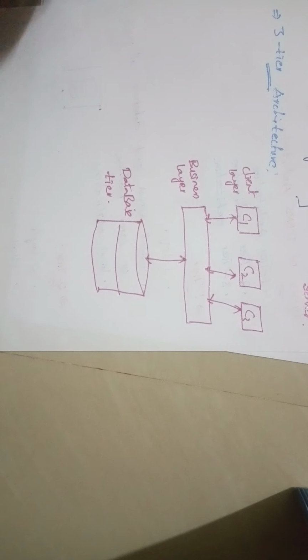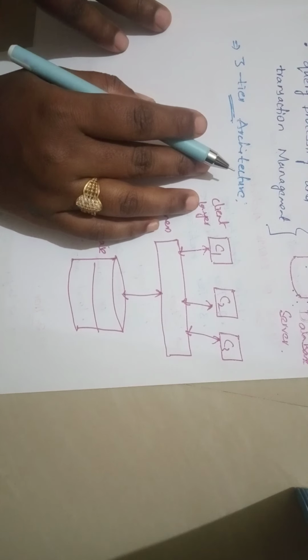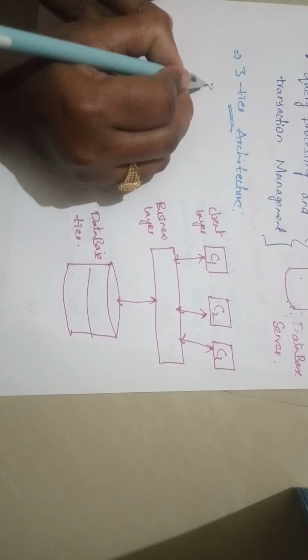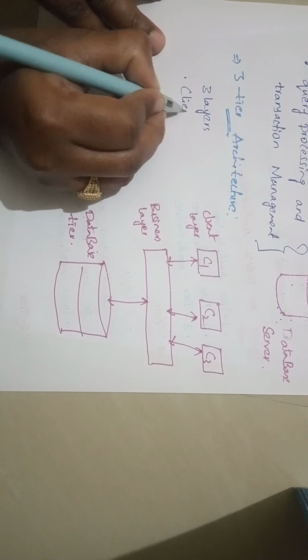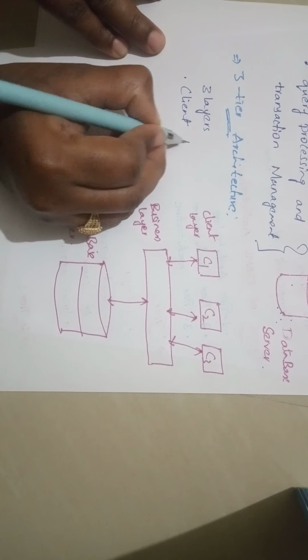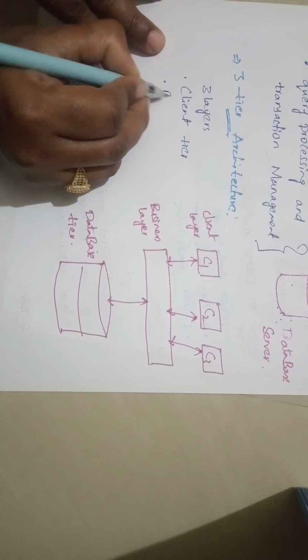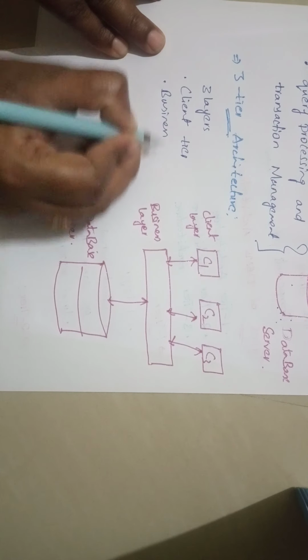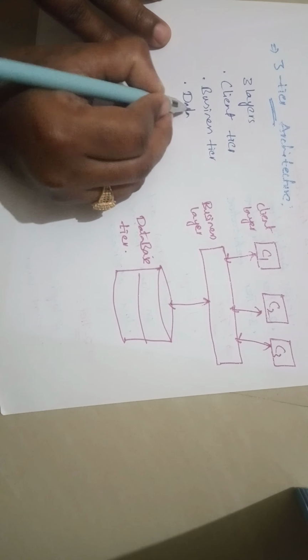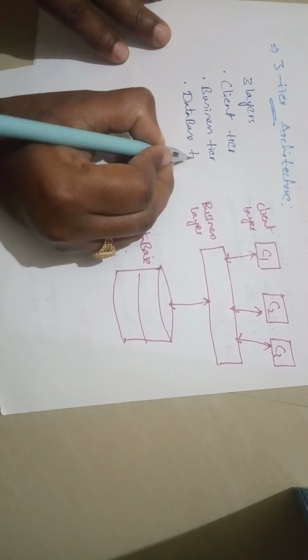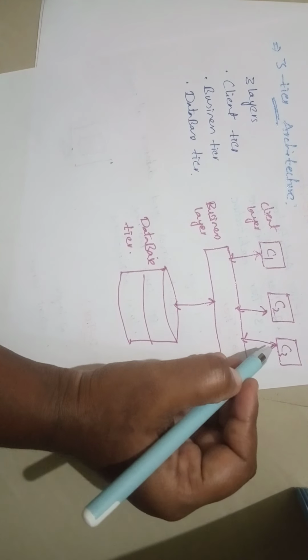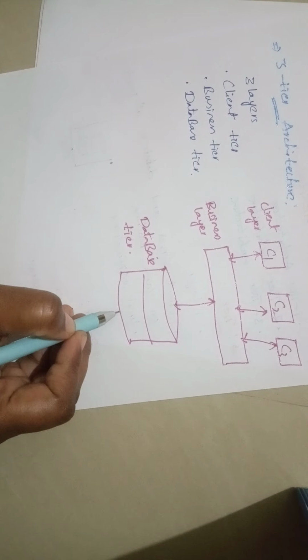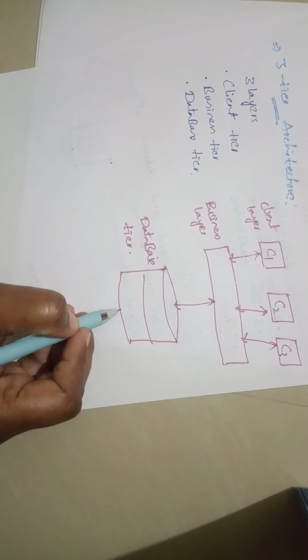So three-tier means three layers: first the client layer or client tier, next the business tier or business layer, and next the database tier. In this, the client cannot directly communicate with the database server.